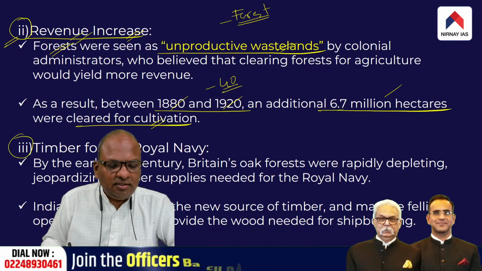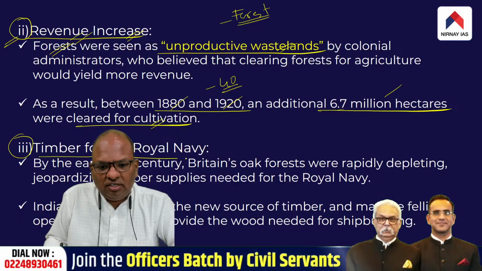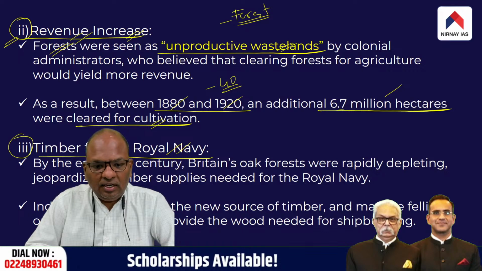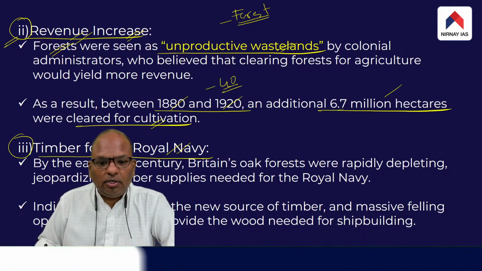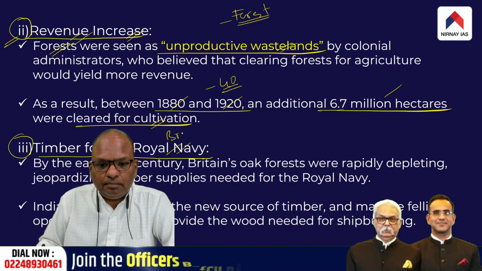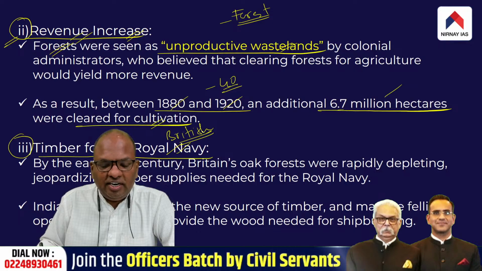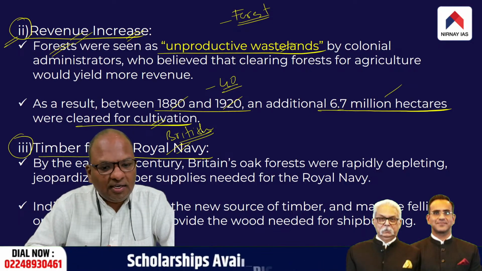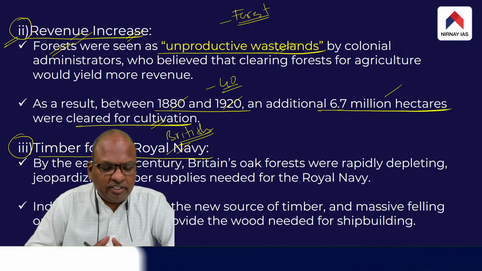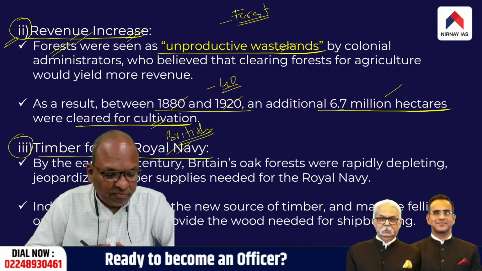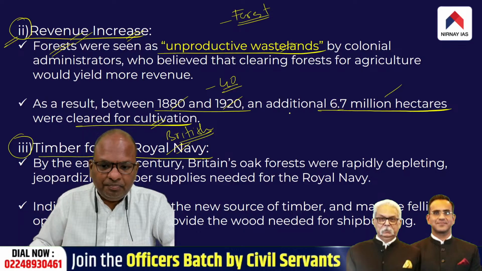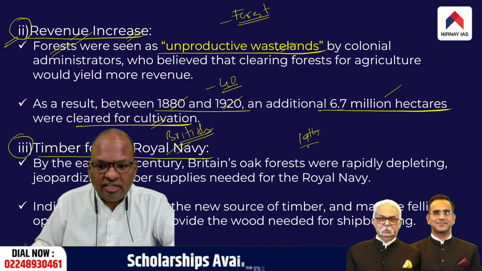The third reason is that deforestation in India was also carried out to meet the needs of the Royal British Navy. The point is, the British had one of the most powerful armies by the beginning of the 19th century AD.